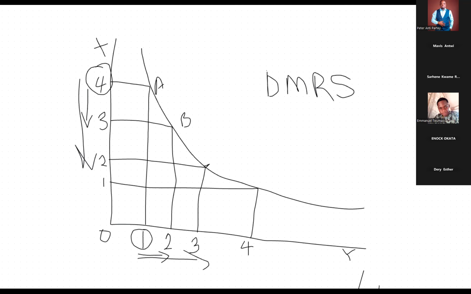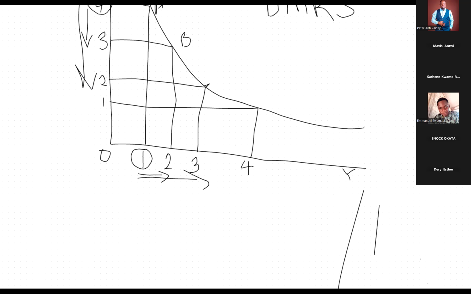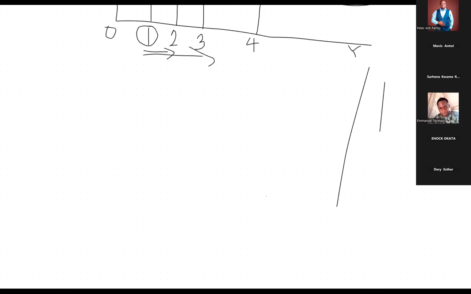Okay, good. Now, when we say transitivity, thank you, Madam Mavis. Yeah, I can see that it's clear. Let's look at transitivity.